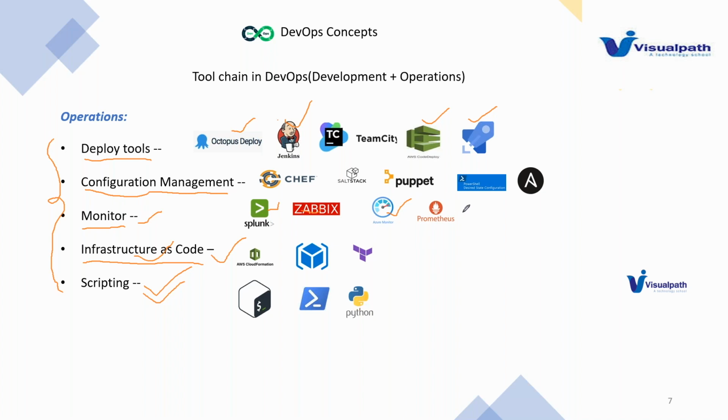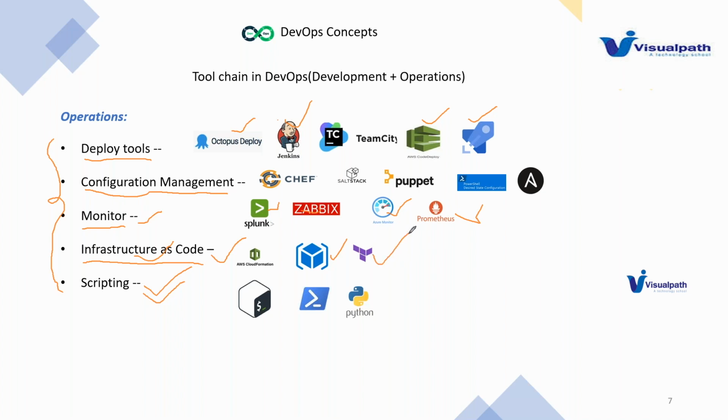Prometheus we can use for Kubernetes monitoring. For infrastructure as code, if we are using only AWS cloud, then we can go with AWS CloudFormation, or if we are using only Azure cloud, then we go with Azure ARM templates. If we are using multiple clouds or multiple environments, then we can go with Terraform.